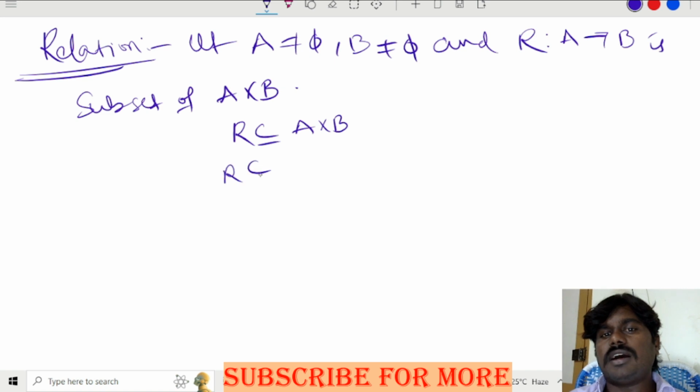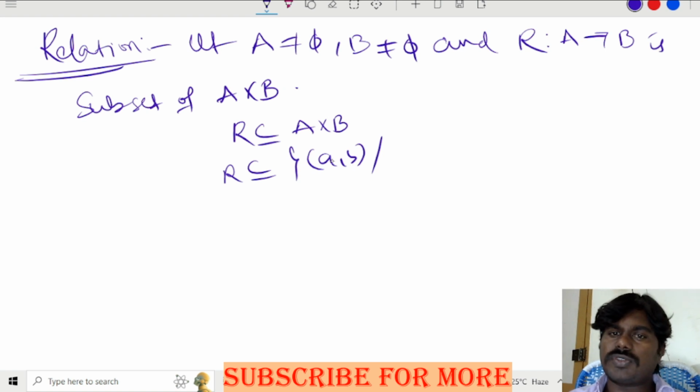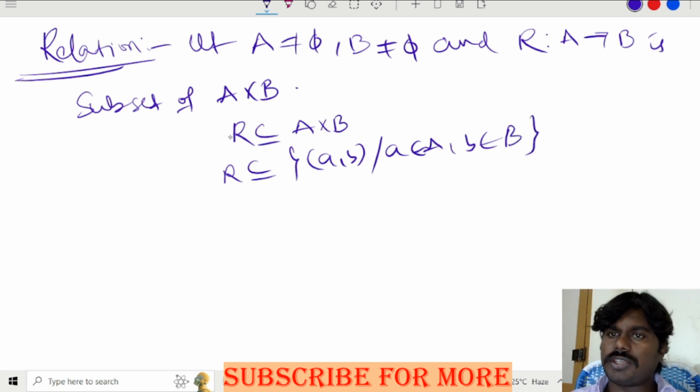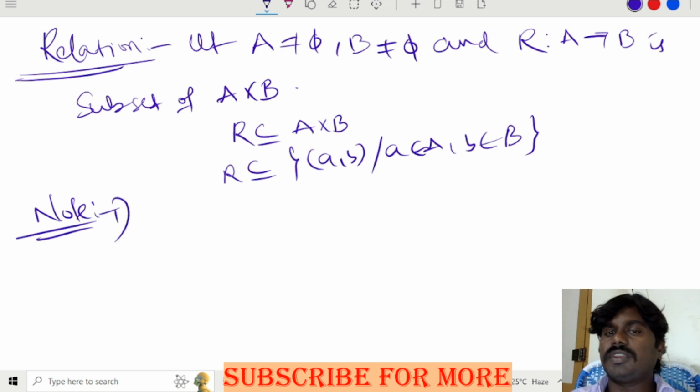Here, what is A cross B? A cross B consists of all the ordered pairs whose first element is from the first set and second element is from the second set. Okay, so this is about the relation. Relation is nothing but simply a subset of the Cartesian product. Now we will see some points here, so take it as a note.